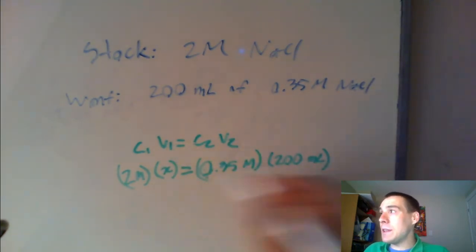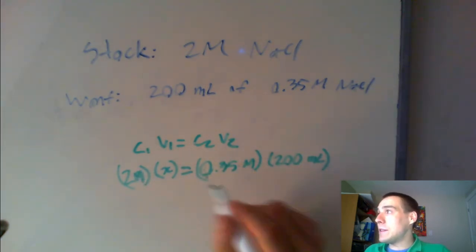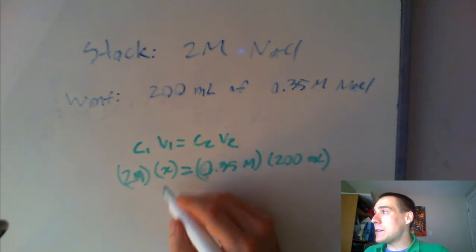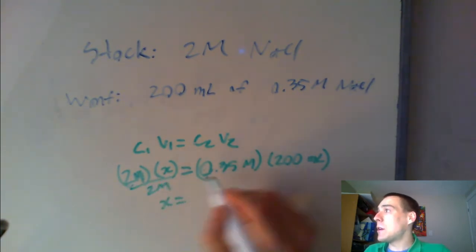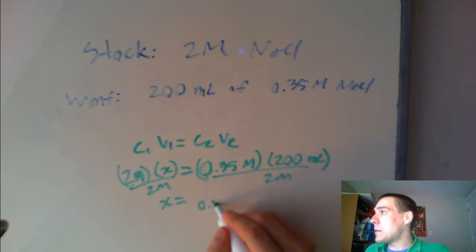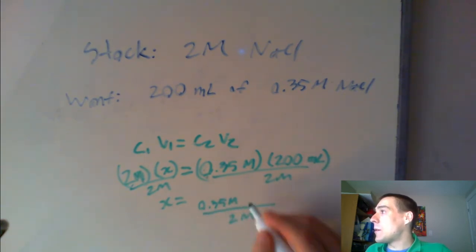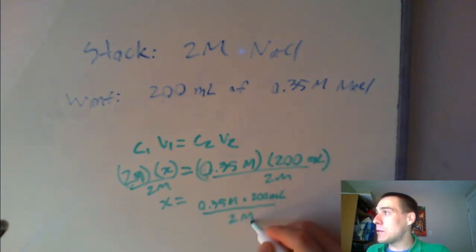And I'm just solving this algebraic expression. 2 molar is a unit of measurement. And so X is going to stay here. I'm going to divide both sides by 2 molar. And so X is going to be 0.35 molar over 2 molar times 200 milliliters. And this is why I could keep it in milliliters, because my M's are going to reduce to 1.